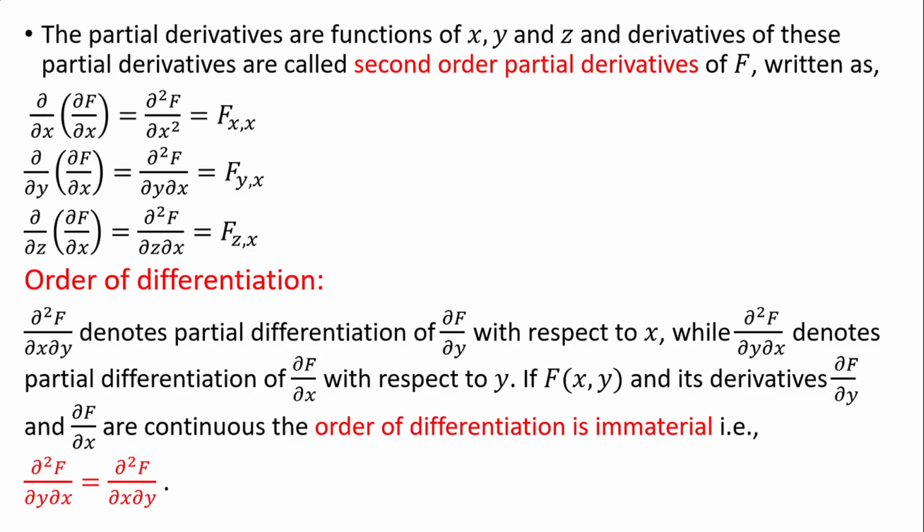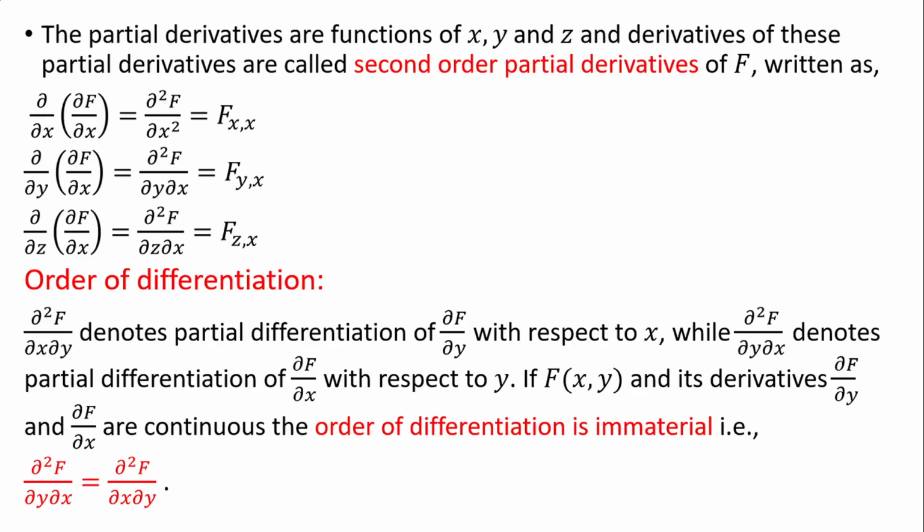Now the differentiation of ∂f/∂x with respect to x is equal to ∂²f/∂x², or simply written as f_xx. So this is called the second order partial derivative of f with respect to x, or the partial derivative of ∂f/∂x with respect to x.